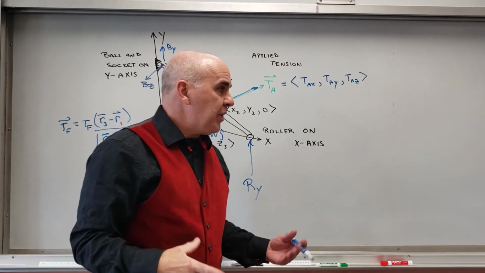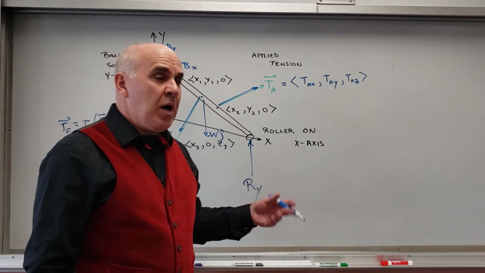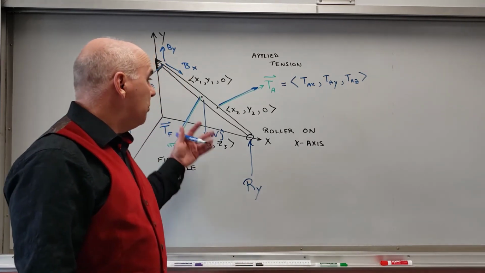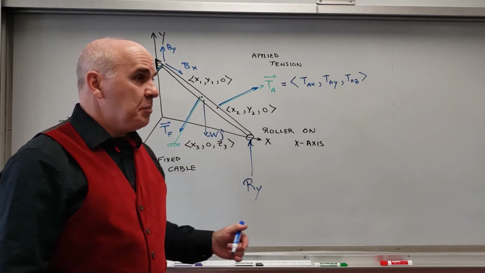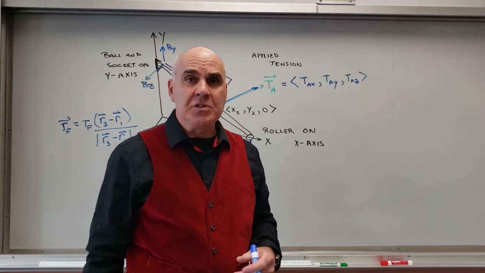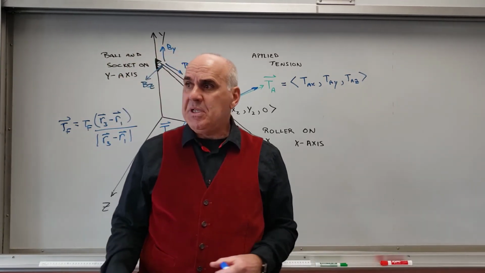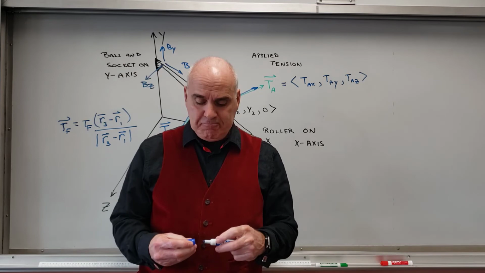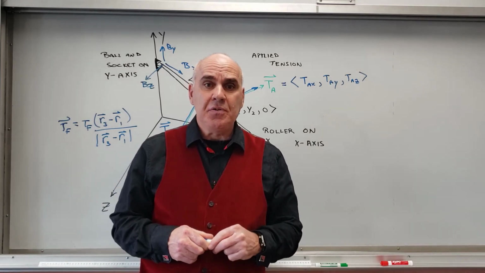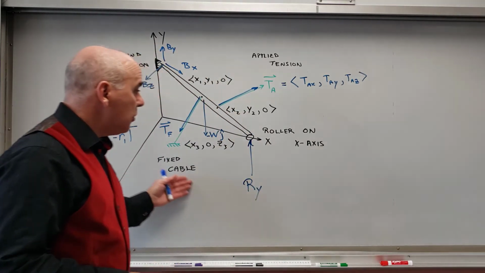Those can come from the sum of the forces in the x, the y, and the z, and then the sum of the moments about some point. You pick a point and find out what the moments are about that point, and you should be able to get enough equations to solve for your unknowns. But this is what the force diagram will look like.